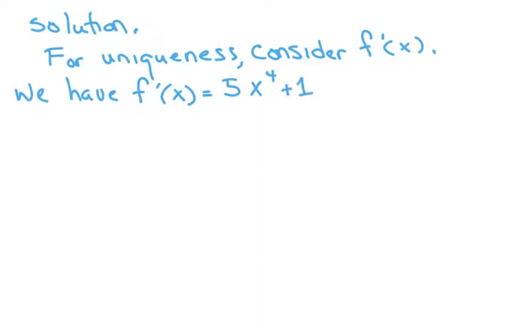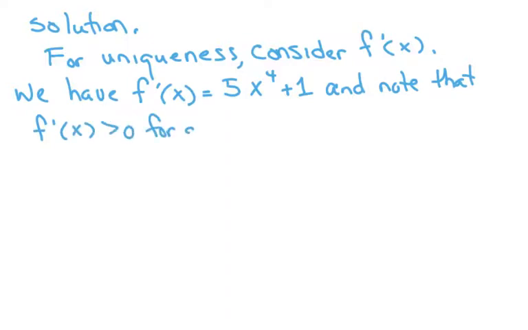Now, is that obvious to you that this is always greater than 0? Well, it's an even degree polynomial, so it has this kind of shape, and it doesn't cross the x-axis because it was lifted up 1 unit, a vertical shift up. So this is always greater than 0.